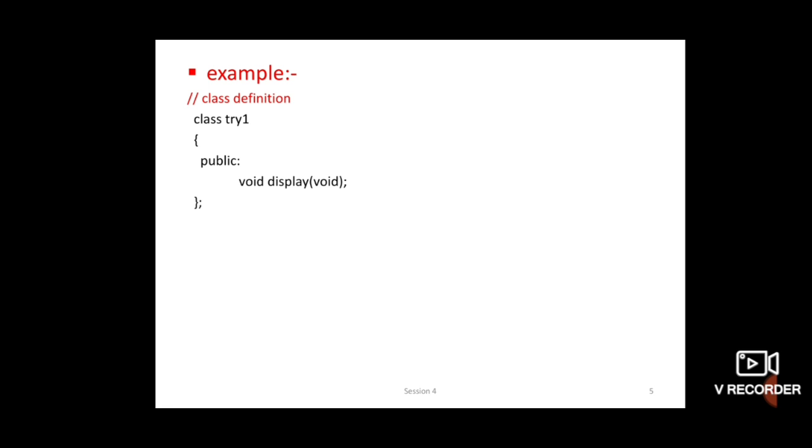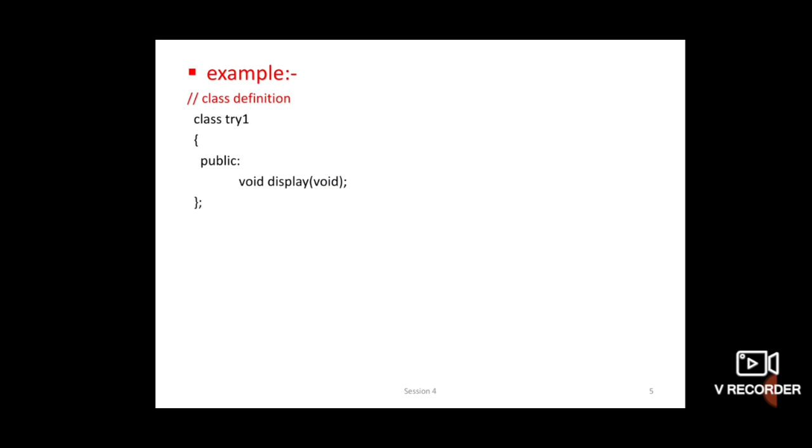See here, the class definition. In class try1, class is a keyword and try1 is the class name, okay. Under this class the public access specifier is used. Under this public specifier, void display in brackets void and semicolon.